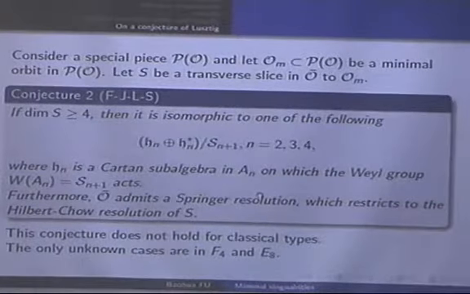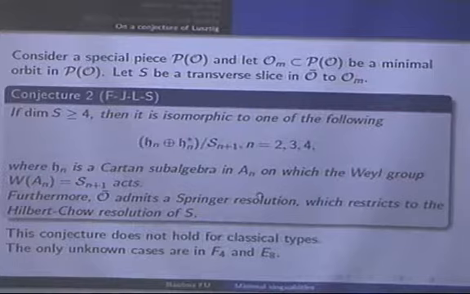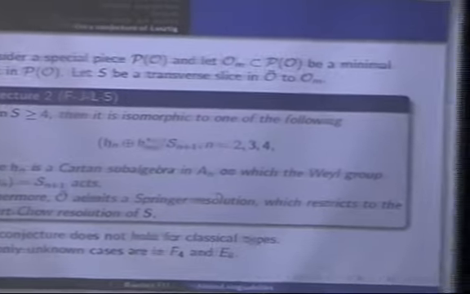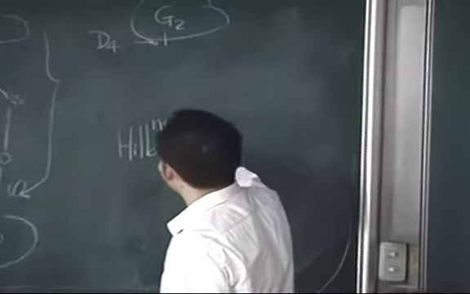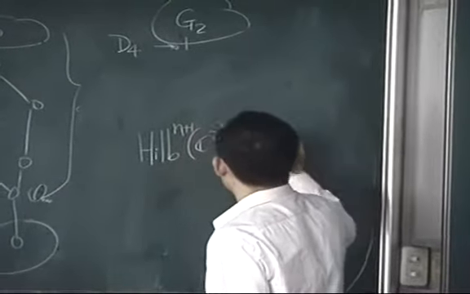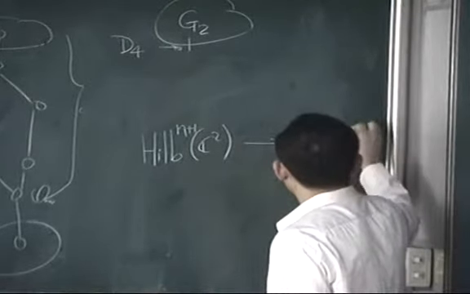So in fact, for this quotient we have a very simple symplectic resolution. You have the Hilbert scheme of n plus 1 points of C^2 mapping to the symmetric product of n plus 1 copies of C^2.